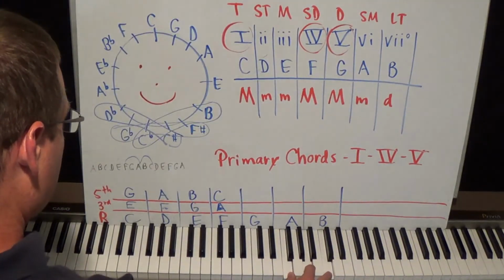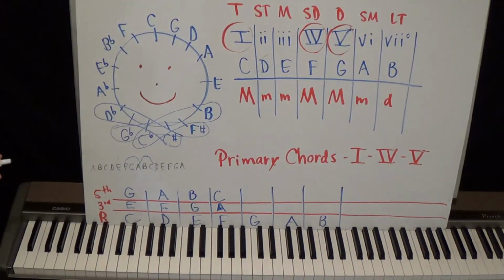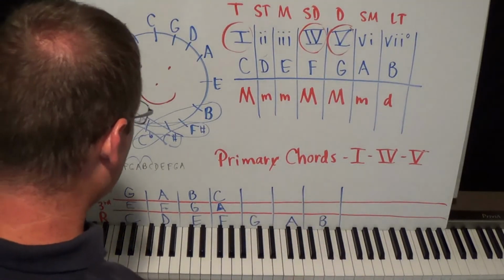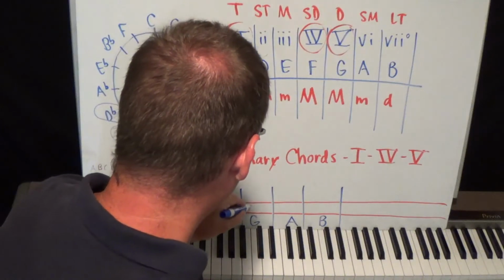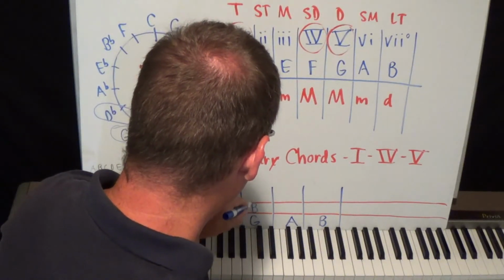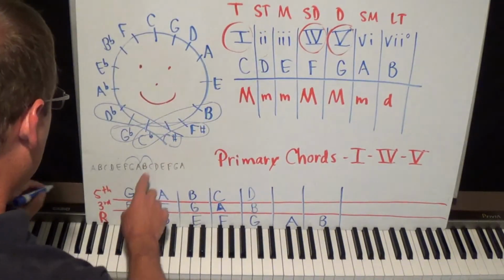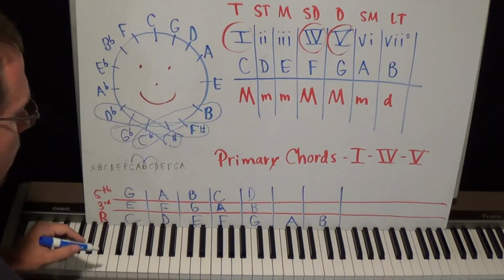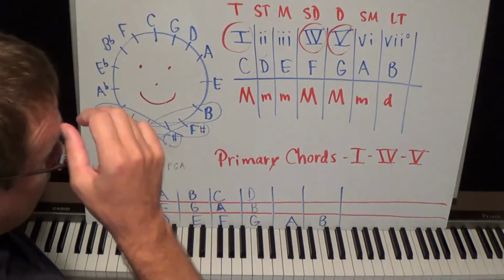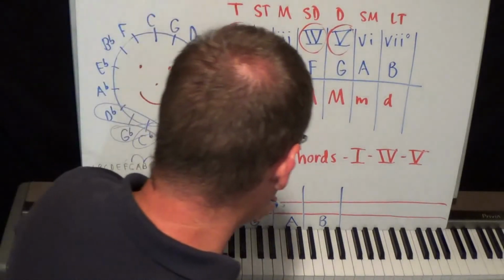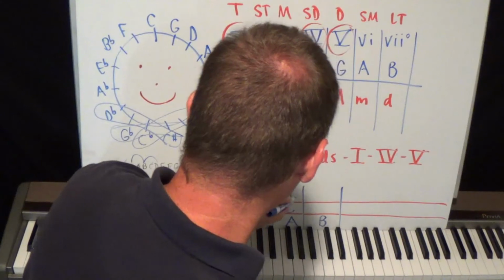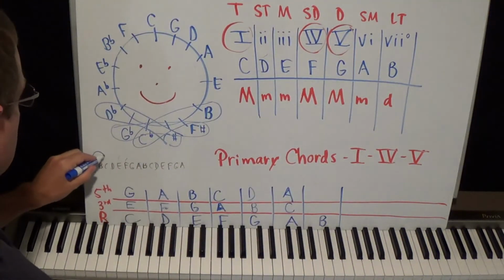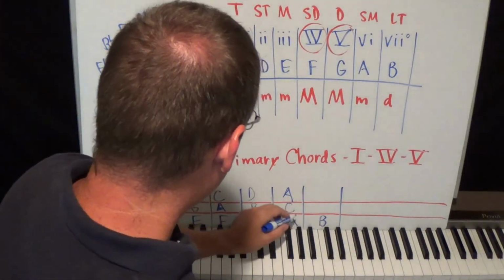Now I'm going to tell you something that'll really blow your mind once we get through here. So hang on. The next chord, the 5 chord, the dominant chord in the key of C, is the G chord: G, B, D. Now let's get to the submediant, the 6th chord, the minor chord: A, C, E. And that's our 6th chord.